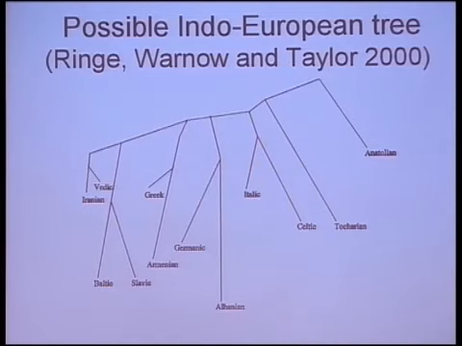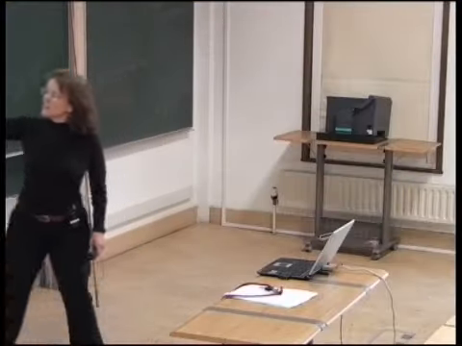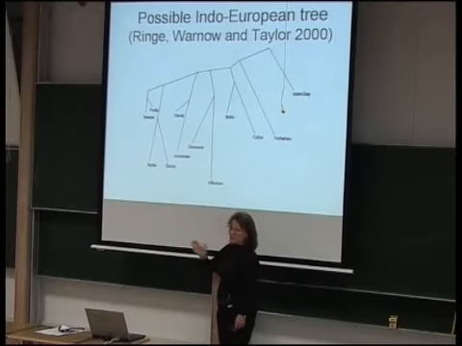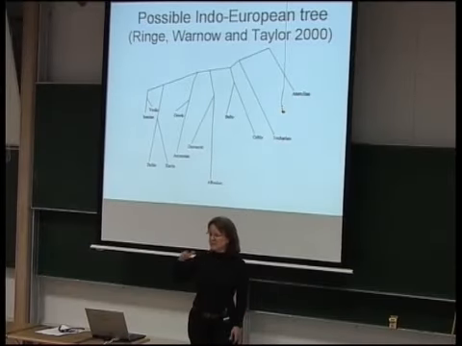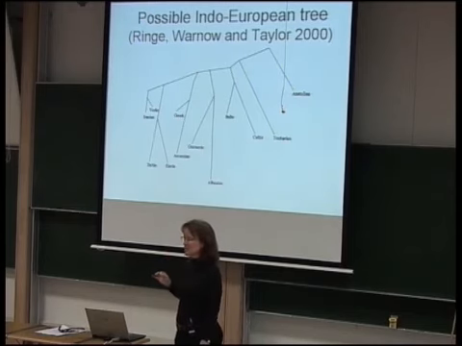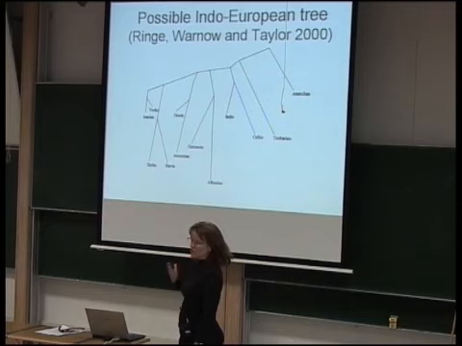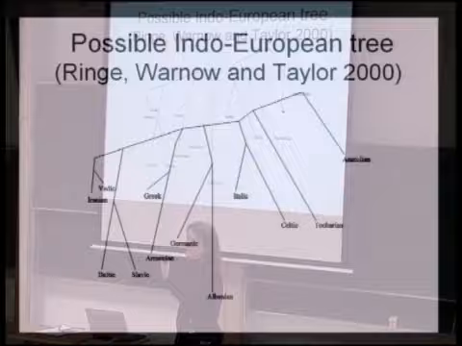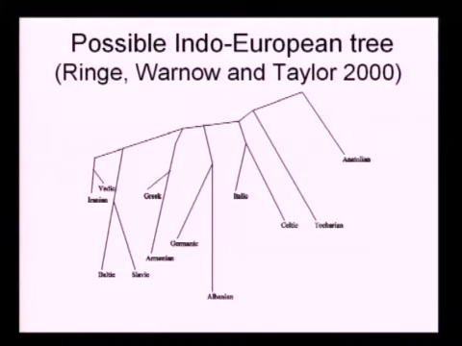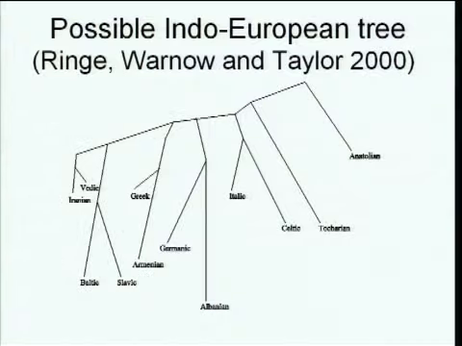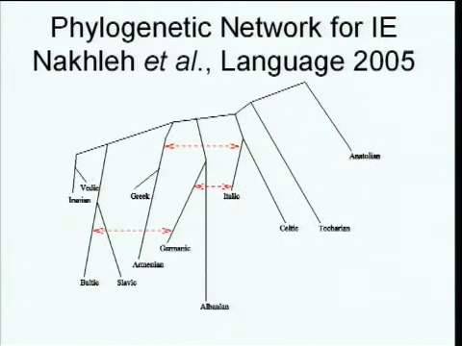None of this is well established, and I would say that even we are not completely convinced about much of this, especially not the location of Albanian, which can pretty much float in a number of different places. And what's really controversial here are things like, where does Germanic fit in? That's one of the really controversial things. But just about everything about this is controversial, as is typical in any systematics endeavor.